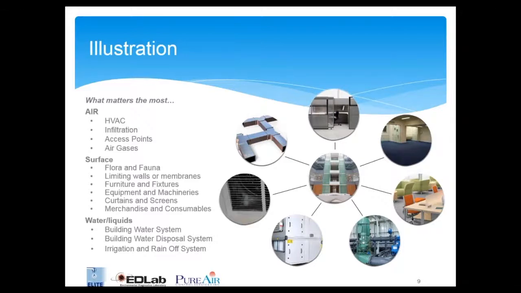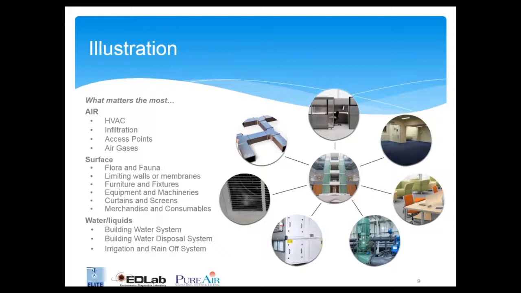And what are those? Air, surface, and obviously the liquid. The important part of the air component of the building includes the heating, ventilation, air conditioning system, the filtration system, what we call the ventilation.